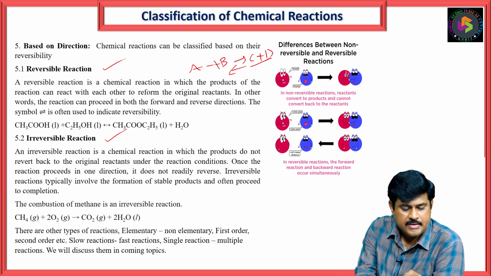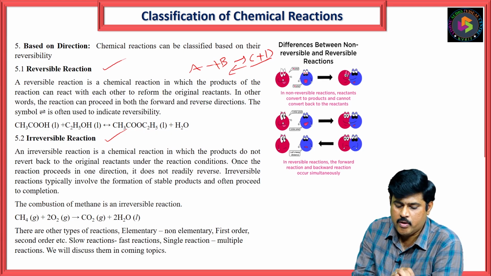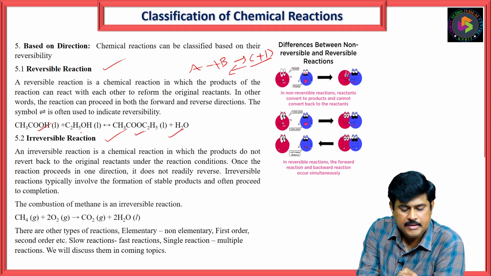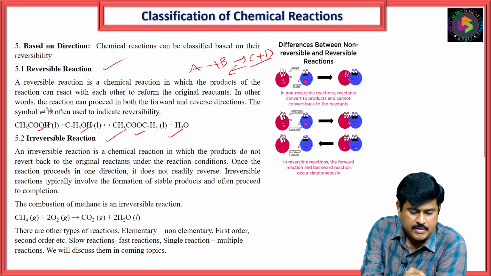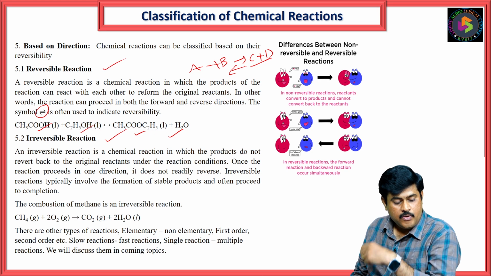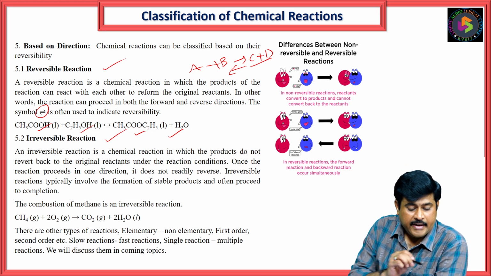You can see here one example. Acetic acid reacts with ethyl alcohol to form ethyl acetate and water. And here the ethyl acetate and water again react to form acetic acid and ethyl alcohol. So the reversibility is shown with this symbol. The second category is irreversible reactions.